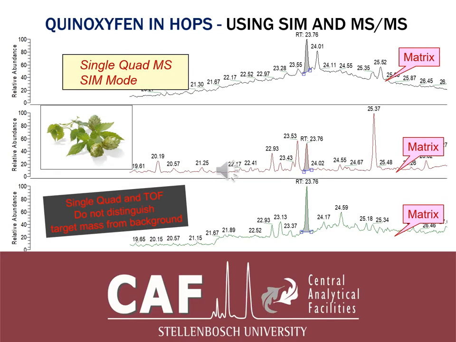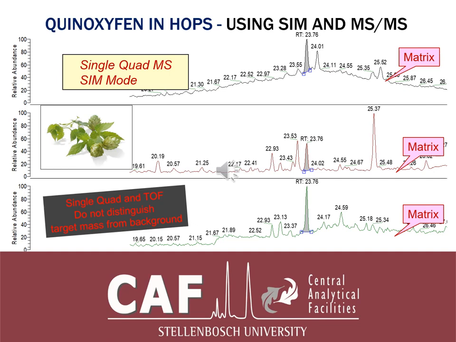Right here it shows an example of using a single quad in the MS mode, and also comparing with the time of flight and the MS/MS in terms of when using the triple quad. The MS/MS slide is going to come after this one, but if you look at these 3 slides, look at the matrix, how it looks like. There's a lot of interferences. The peak of interest is at 23.76 minutes.